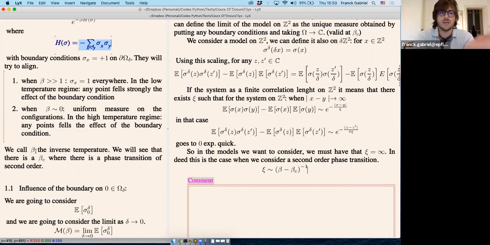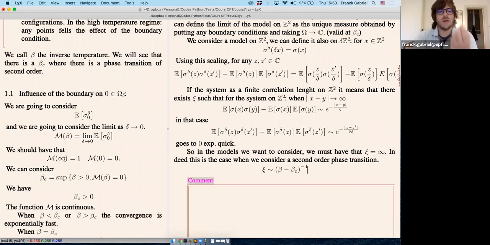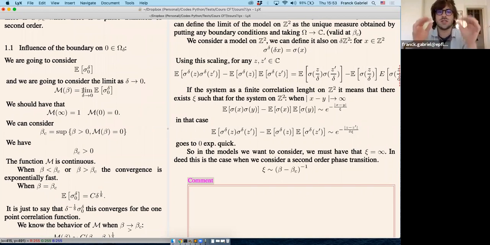Okay. And we saw that there should be a point in the middle, the critical beta or critical inverse temperature, where something special should happen, where it's not really disordered, but it's not totally frozen either. We saw that we can see this mathematically by considering the magnetization, which is the limit of the expectation of the spin at zero when the mesh goes to zero.